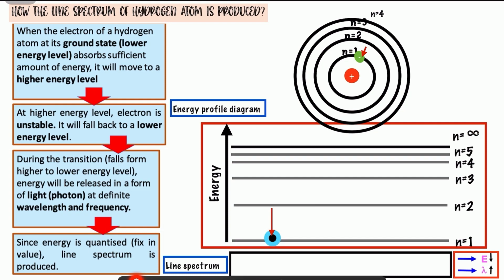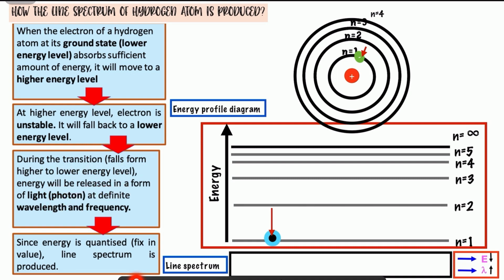By using the energy profile diagram, here I show you when the electron is at n equal to 2, the excited state, it will fall back to the lower energy level n equal to 1. What happens during the transition? It falls from the higher to the lower energy level, and energy will be released in the form of light.